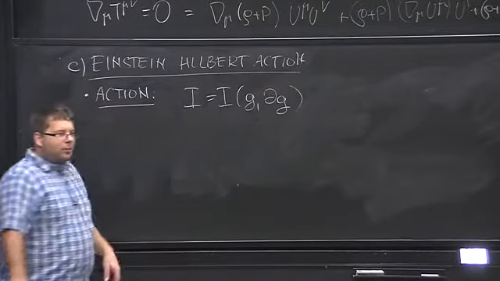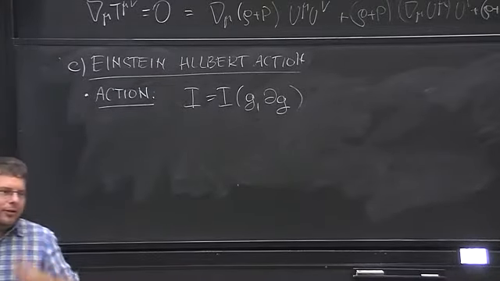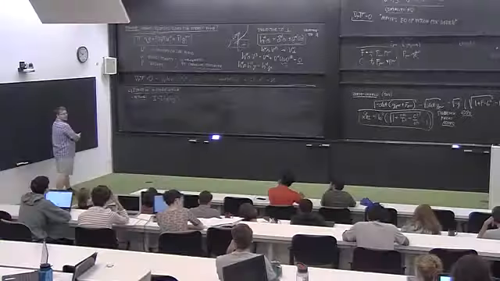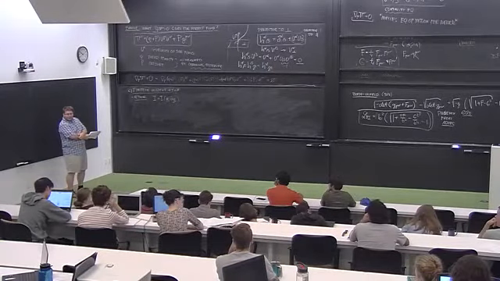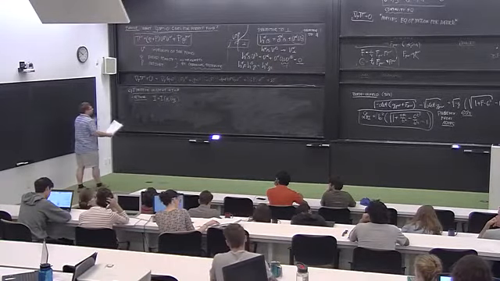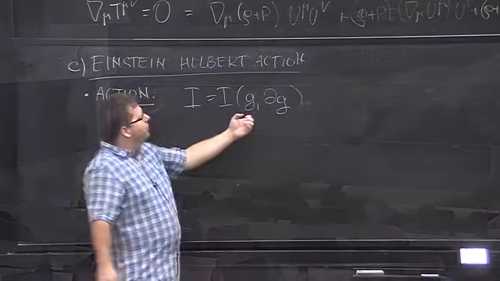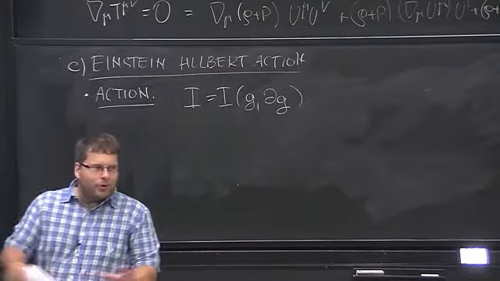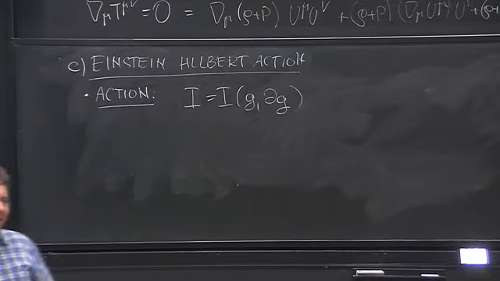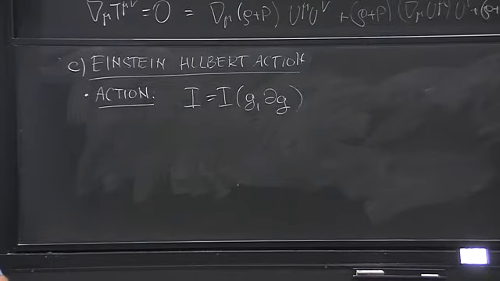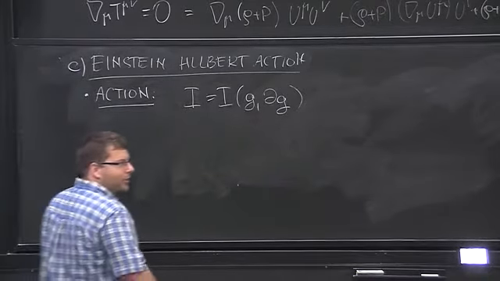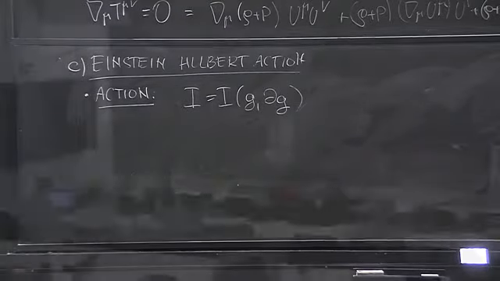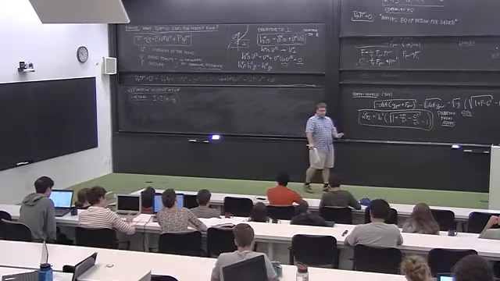Okay? Do you see a problem? Any problem whatsoever? Can we do this? We want a scalar quantity, something which is diffeomorphism invariant, which depends only on the metric and its first derivatives. Think about the equivalence principle. By the equivalence principle, we can always go to a freely falling frame where we can get rid of the first derivatives of the metric.